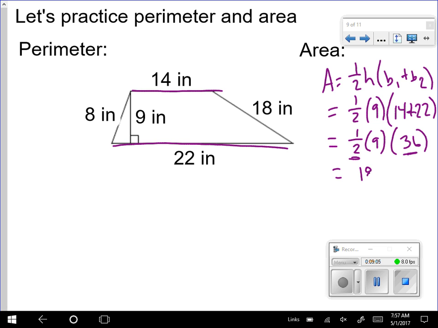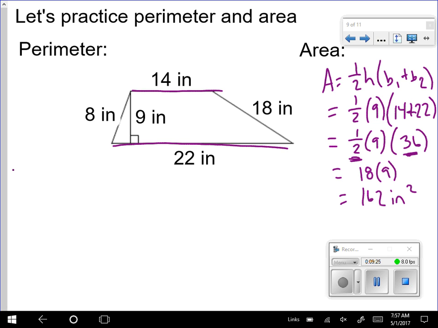So I have 18 times 9 with what's left. And then when I finally multiply that, I get 162 inches squared. As you can see there, I kind of rearranged, but we can multiply in any order. If you have questions on that, pause it, ask me right now.